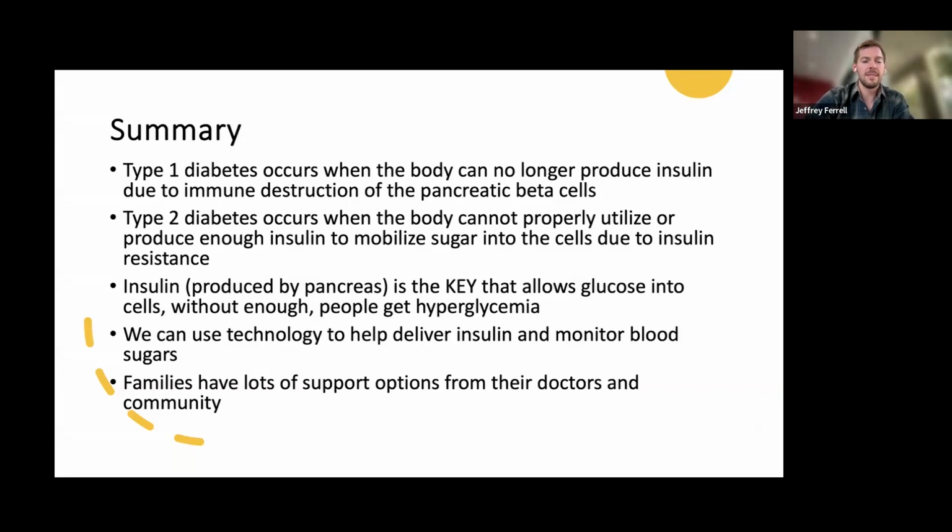Both type 1 and type 2 diabetes end up with people having high blood sugars. Insulin is the key that lets sugar be used by the cells, and without it, people have high blood sugar. We can use technology to deliver insulin and monitor blood sugars, and that technology is getting better and better every day. And people who have diabetes do not have to manage this disease alone, especially the pediatric population, who rely on their families and friends to help support their diabetes management.